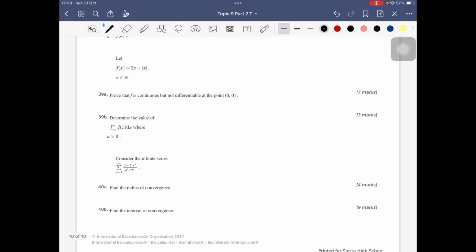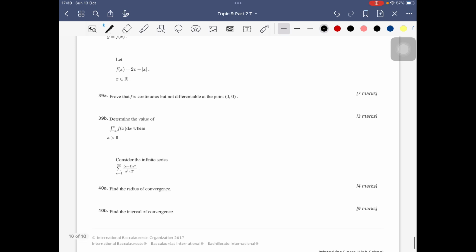And that's it. So just before I finish, I'll draw this graph. This is like a piecewise function. When x is larger than or equal to 0, then this modulus of x is just x. So this becomes 3x. And when x is smaller than 0, then the absolute value of x becomes negative x.